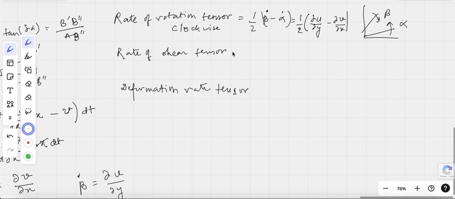This one comes from the definitions, half du dy plus dv dx.